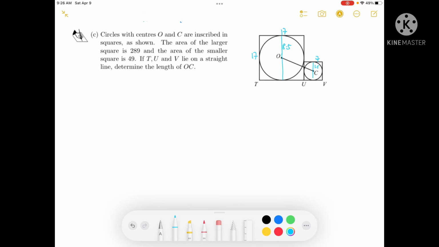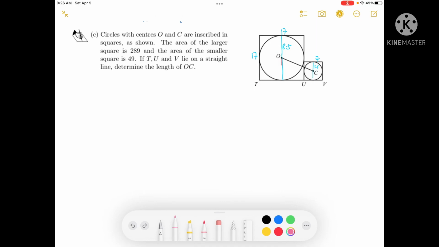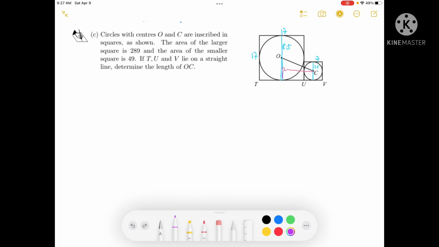So we can find OC by using the Pythagorean Theorem. If we have this length, we can find this length. Because we know that this length is 3.5 and this length is 8.5, this length will also be 3.5, and this length will be the difference between the two lengths, so this is going to be 5.